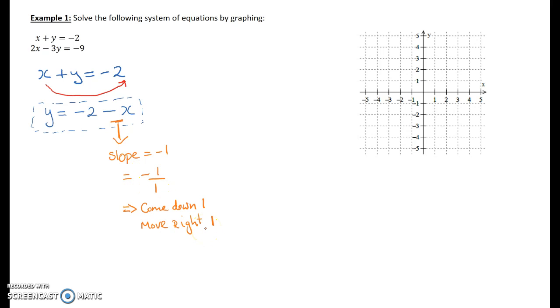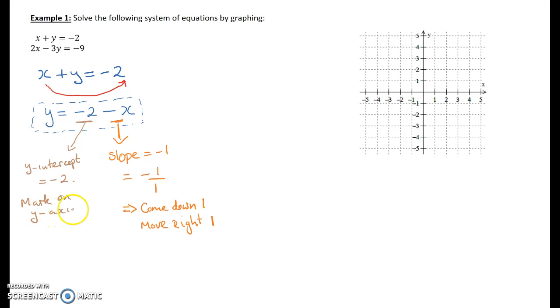The question is, where do you start from? And of course, you start from this other number. This is going to be your y-intercept, so that's going to be equal to -2. Okay, so we're going to mark that on the y-axis.